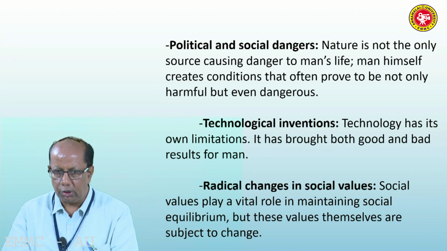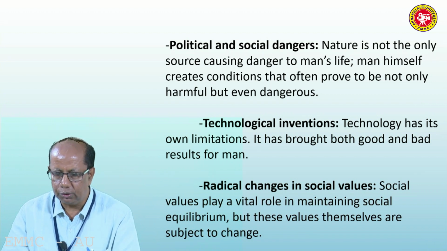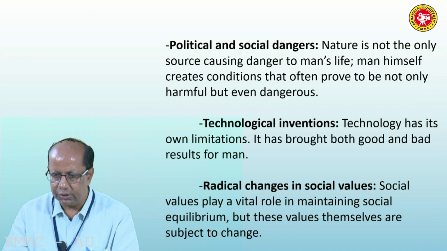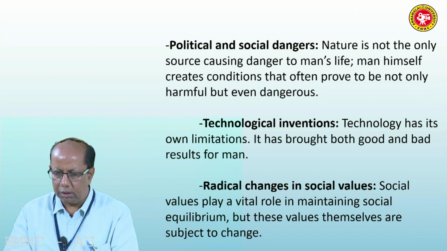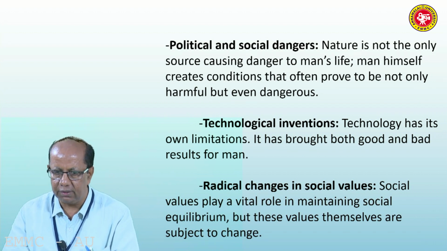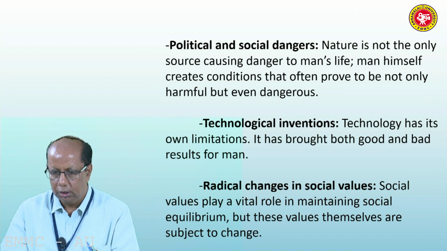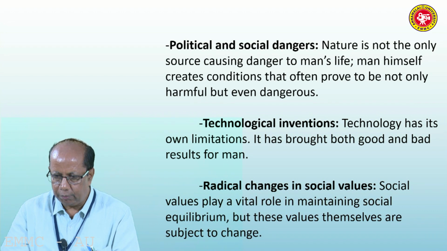Nature is not the only source causing danger to man's life. Man himself creates conditions that often prove to be not only harmful but even dangerous. Technological inventions. Technology has its own limitation. It has brought both good and bad results for man. Radical changes in social values. Social values play a vital role in maintaining social equilibrium, but these values themselves are subject to change.